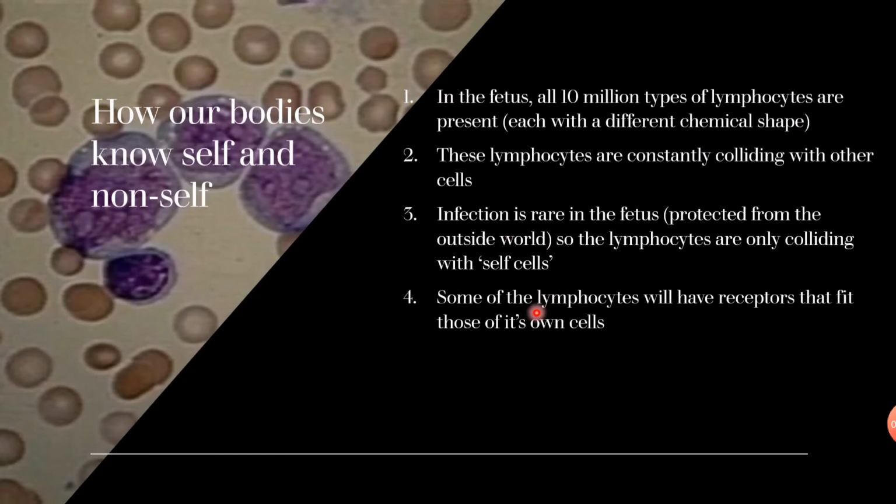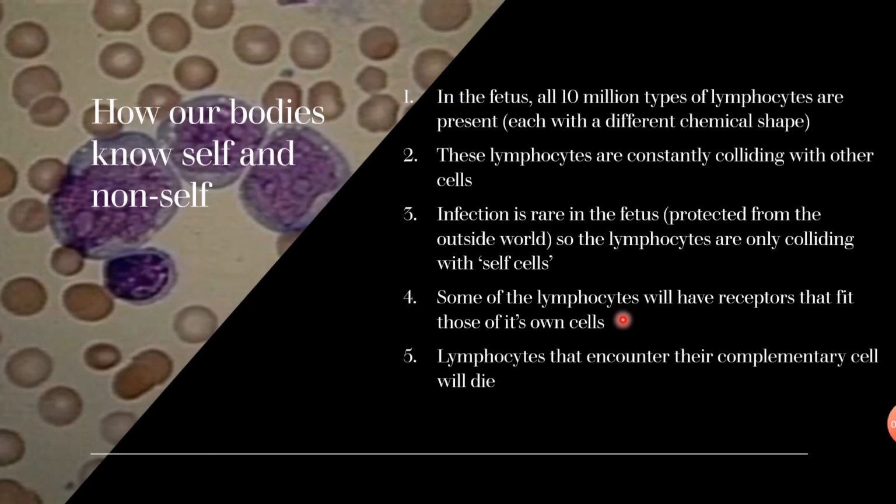So some of the lymphocytes will have receptors that fit its own cells. Because we have 10 million different types of lymphocytes, some of these lymphocytes will be specific to some cells in the organism. So when a lymphocyte encounters its complementary cell, it will die. This is because in the fetus it assumes that all of the cells present are self cells.